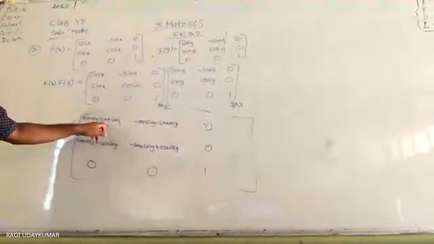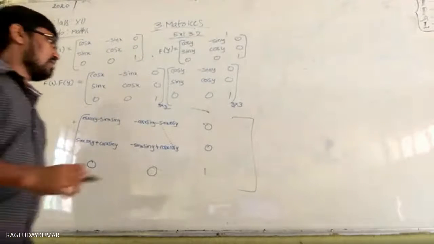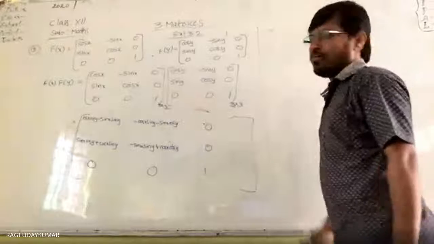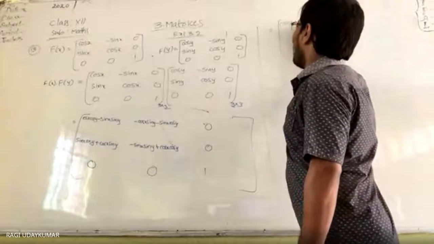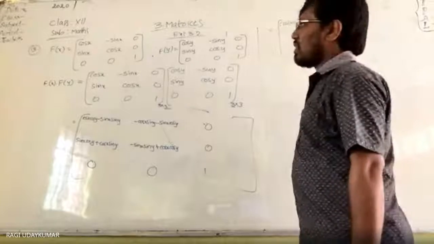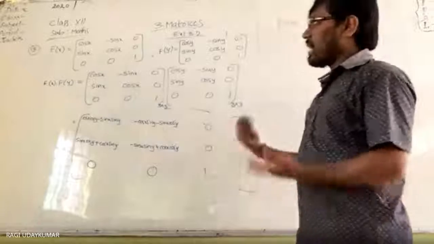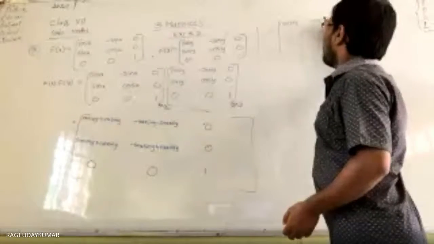And if you observe, what is cos x cos y minus sin x sin y? Do you remember? Cos x cos y minus sin x sin y is equal to cos of x plus y. Here, take minus common: sin x cos y plus cos x sin y, so minus of sin of x plus y.